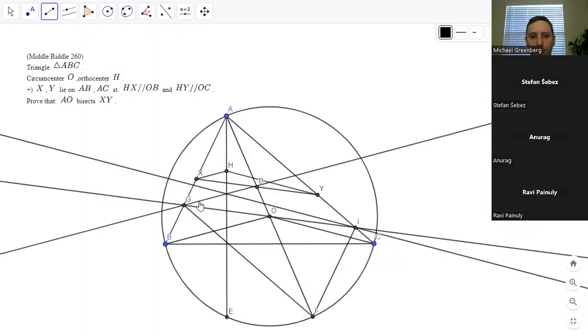So if we show that XY is parallel to GI, that would also solve it. I'm not sure how easy that is.